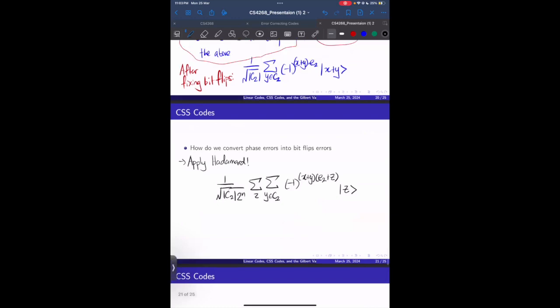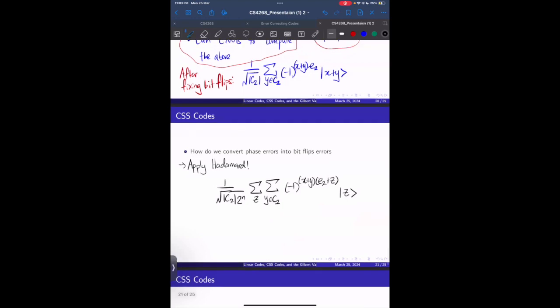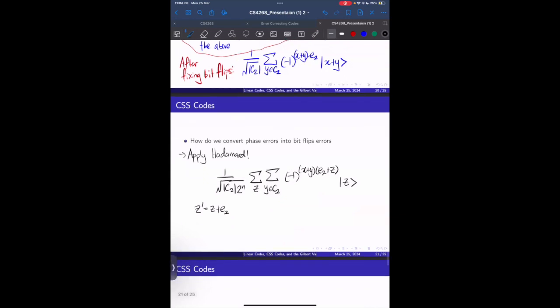Where is it in C2 perp? So now, we can rewrite this sum, right? If we let z prime equal z plus e2, what do we have? Well, remember that we showed in the previous exercise that if we have z, okay, let's first rewrite it.